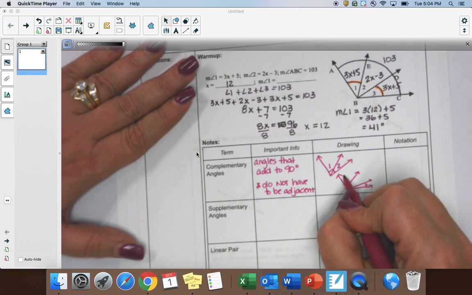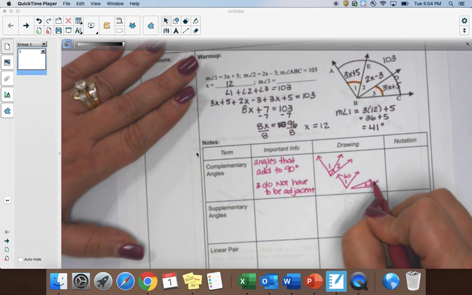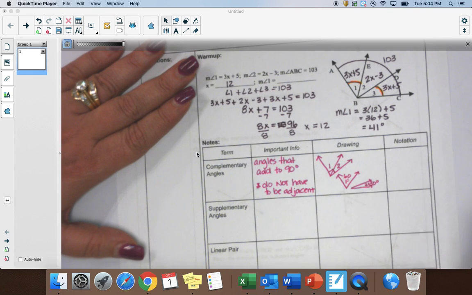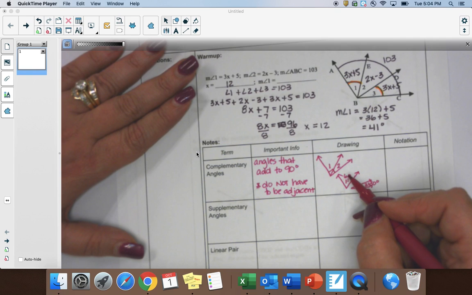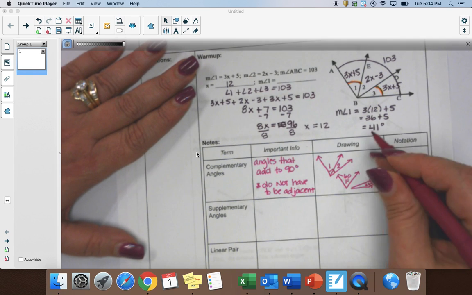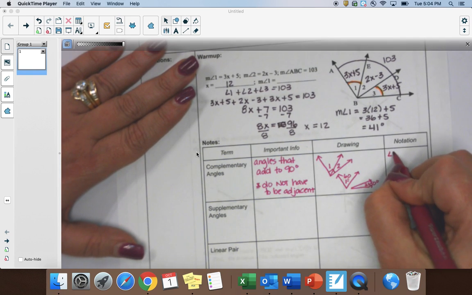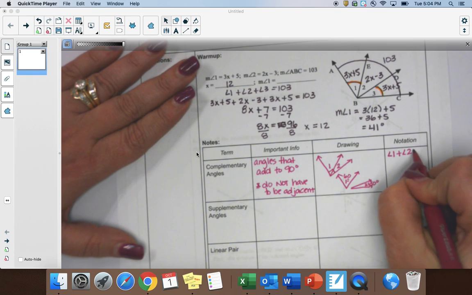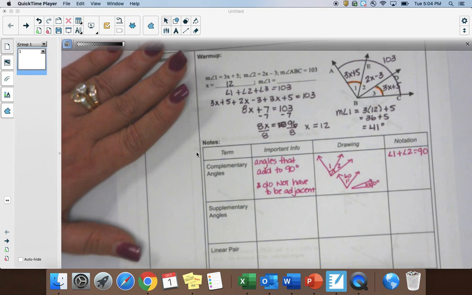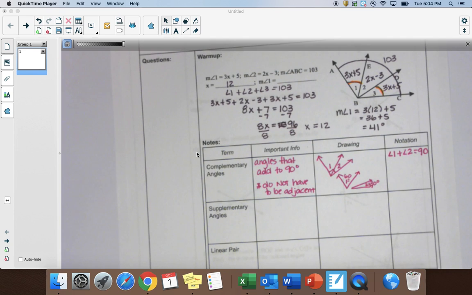And say angle 1 on this one is 60 degrees and angle 2 on this one is 30 degrees, then those are complementary. So they can be touching, they can be adjacent, but they don't have to be. Okay, so angle 1 plus angle 2 equals 90 degrees. So this would fall into our angle addition postulate where we know that the two angles add together to be 90 degrees.